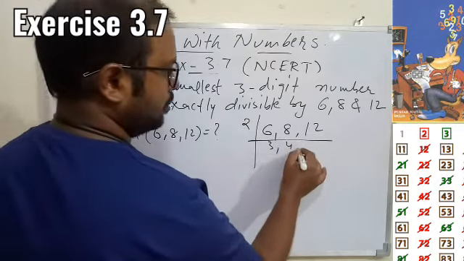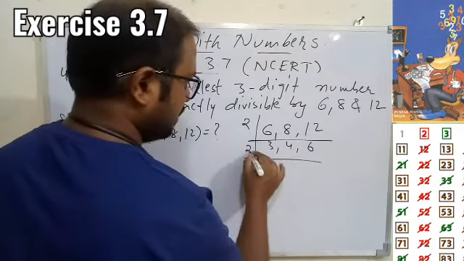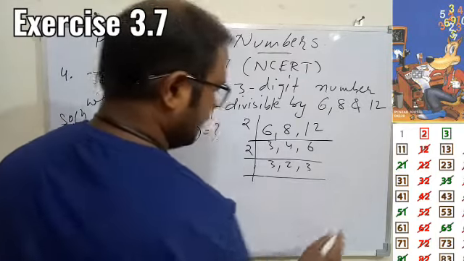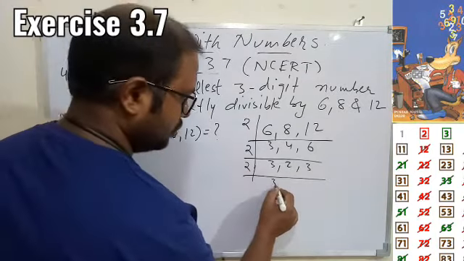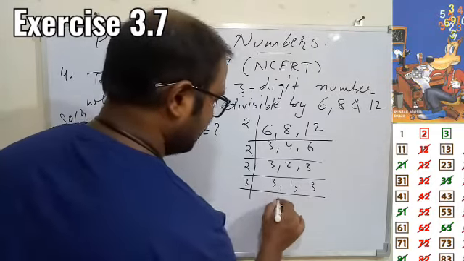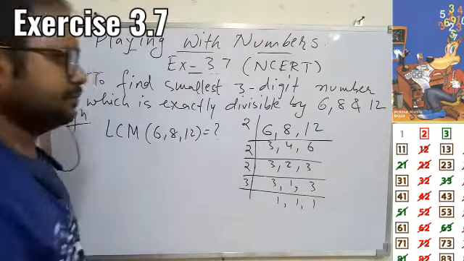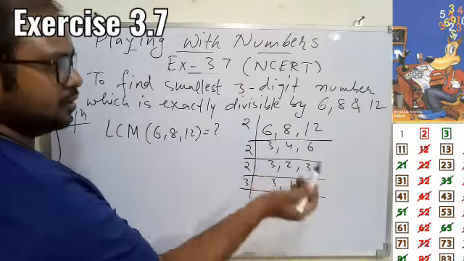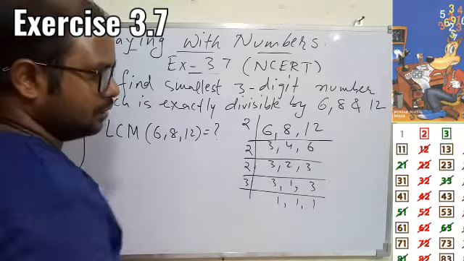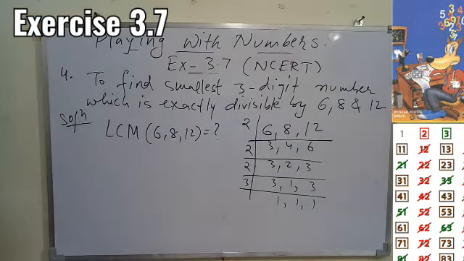So 3, 4, 6, again 2, 2, 3, and now 2, 3, 1, 3, and now 3, 1, 1, 1. You can check it again. 2 3s are 6, 2 4s are 8, 2 6s are 12, then 3, 2, 3. I hope there is no mistake here. 3, 3, and 2 1 time.